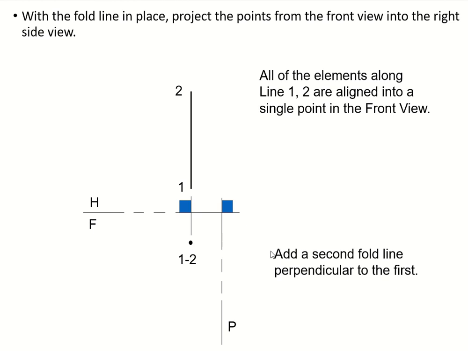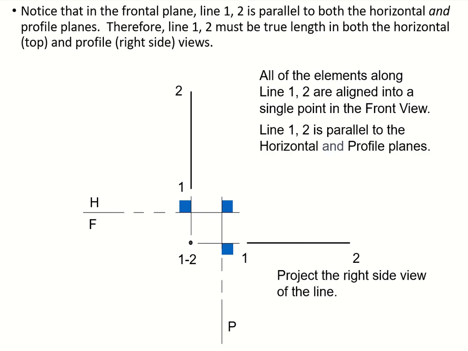Now we're going to project it to the right side, okay? So we're going to put another full line perpendicular to the first. We do the same thing. So the front plane is parallel to your horizontal, and also the profile plane. So horizontal is here, okay?